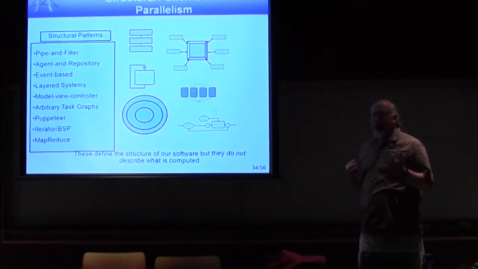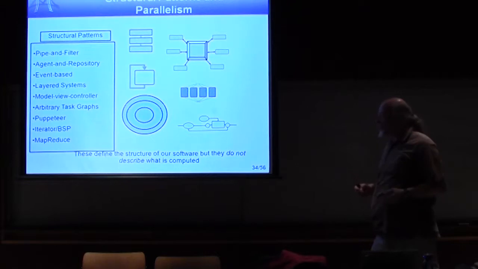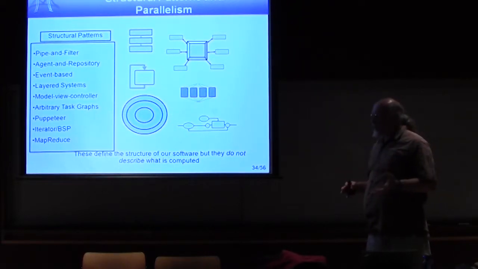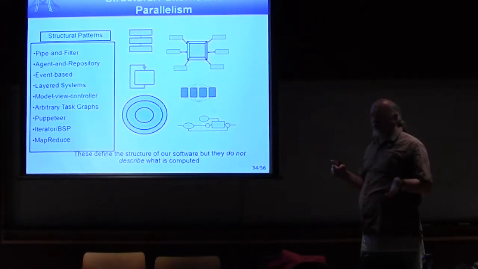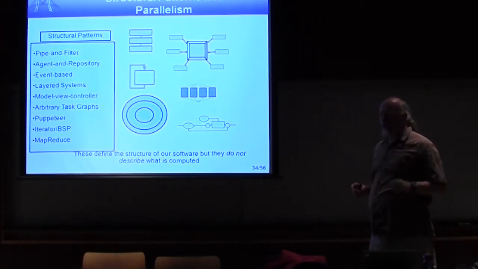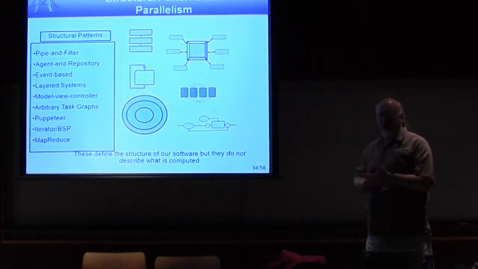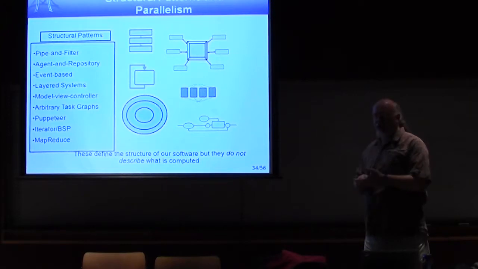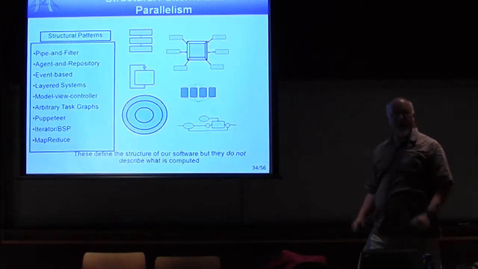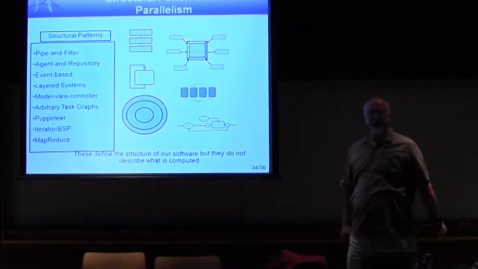But I actually think, conceptually at least, you should be able to architect a system in such a way that you have a good high-level architecture and you don't know whether it's going to be sequential software, parallel hardware, or even pure hardware, that is to say, a circuit.